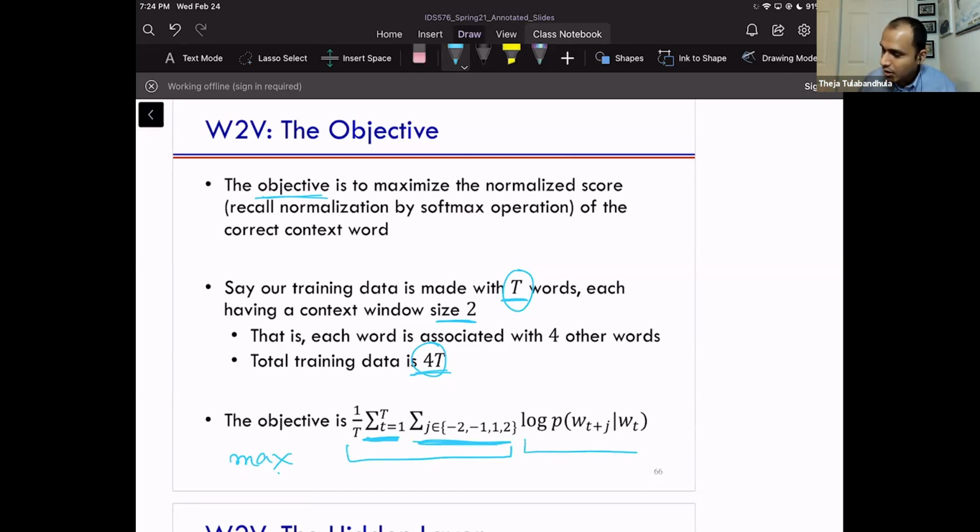What I want to maximize is the log probability of the neighborhood word given the word. Maximizing this log probability is the same as minimizing the negative log probability, which is the loss.